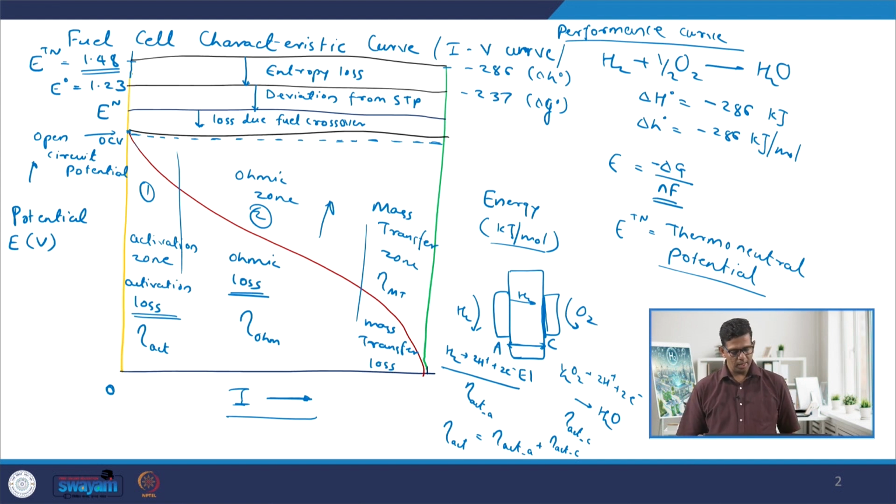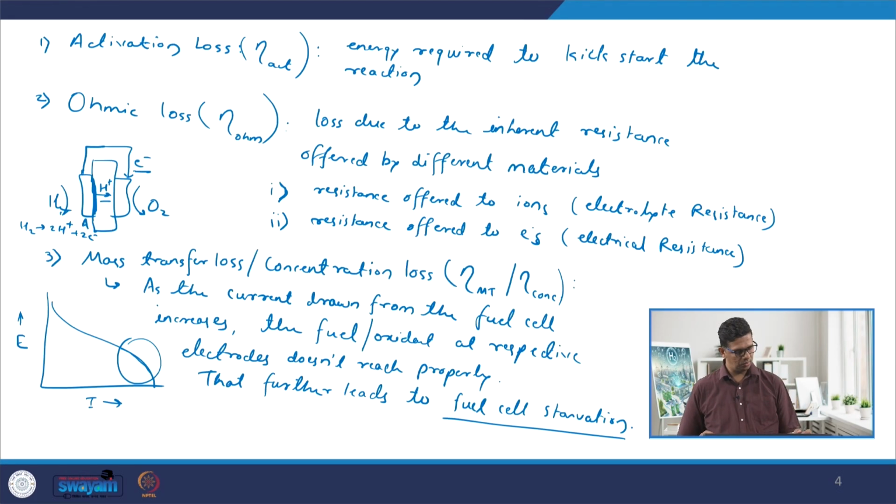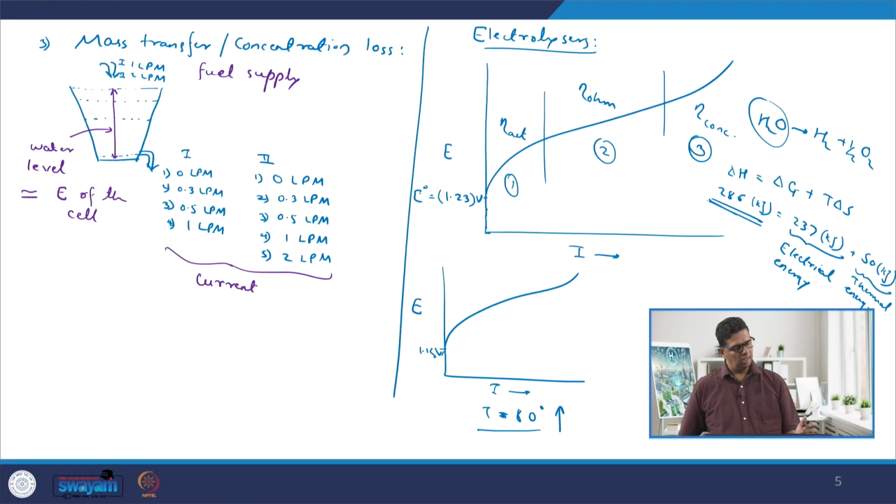And coming to mass transfer, I think we were discussing the mass transfer as well, and this is what I was discussing: let us take an example of a bucket which is full of water, and we are supplying water using a tap on the upper side of the bucket, and we also have connected one tap at the bottom of the bucket.